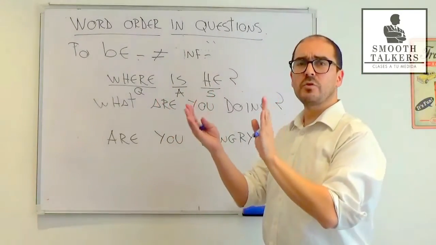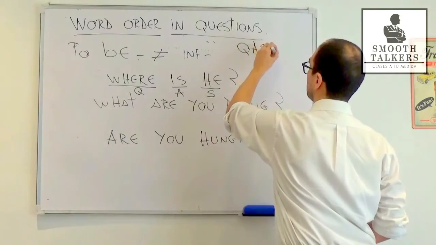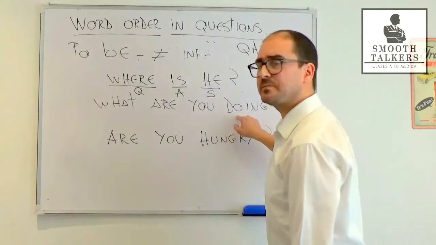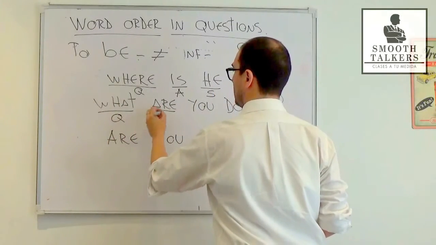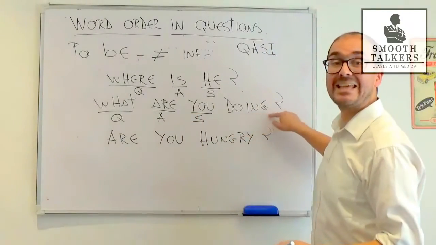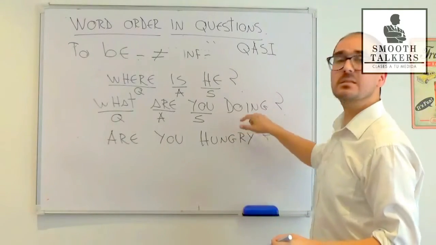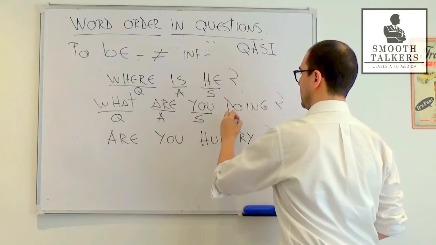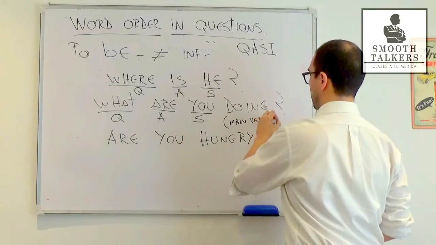So it's a shorter version of our QASI formula. In this case, what are you doing? So this is not an infinitive, but this is still an action. So in this case, we're going to use just a main verb or action.